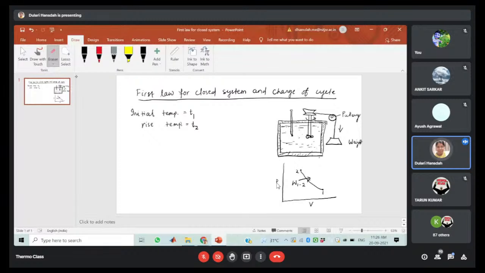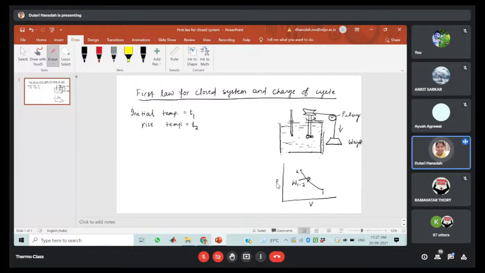Here we had given the insulation, right? Initially, we considered it as an adiabatic vessel, and at that time we are doing the paddle wheel work. So there is the work transfer, that is W12, due to which there will be a little rise in temperature. That rise in temperature is considered your T2.